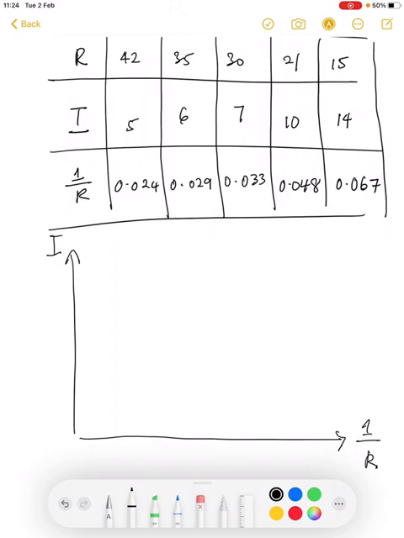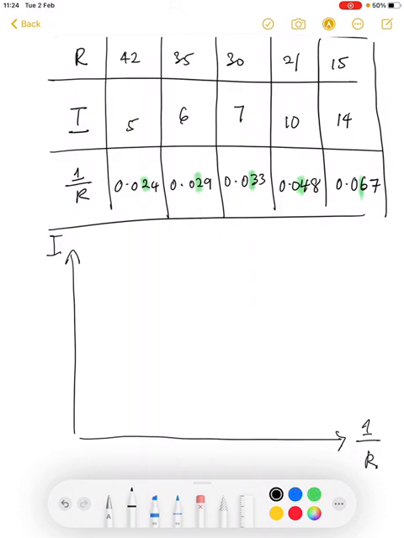So 2 centimeter to how many units? We have 0.024, 0.029, 0.033, 0.048 and 0.067. So looks like we are going to use 2 centimeter to 0.01 unit, because we have 0.02 until 0.067 here.